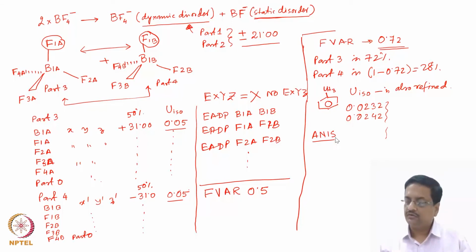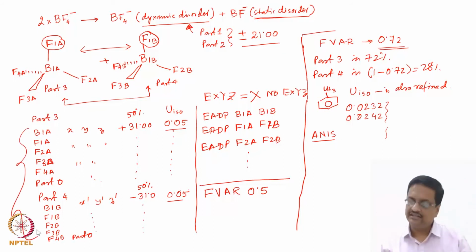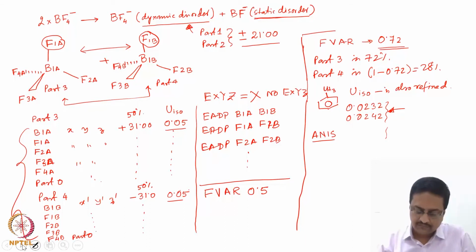Or if you are using OLEX2, you can simply click on the ellipsoid button. It will do the anisotropic refinement of all these atoms which are now disorder treated and refined to a reasonable isotropic thermal parameter. Then we should take this and complete the refinement following the standard procedure that we have already discussed in one of the lectures.